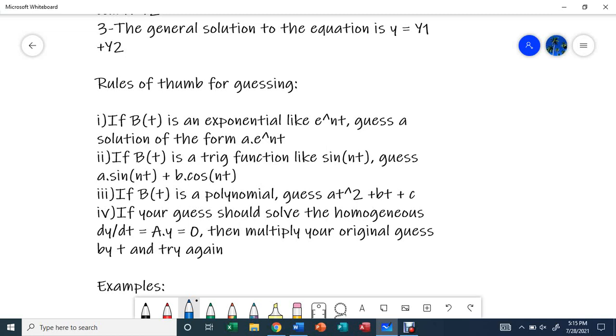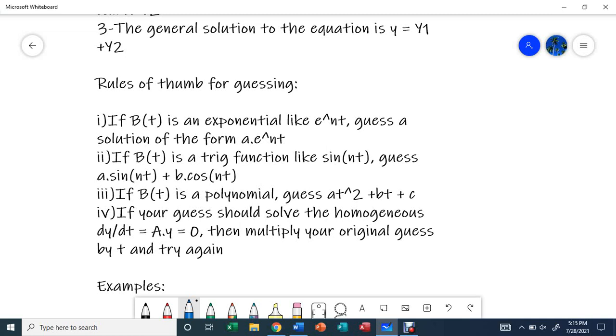However, if your guess solves the homogeneous equation dy over dt equals a times y equals 0, then you should multiply your original guess by t and try again.